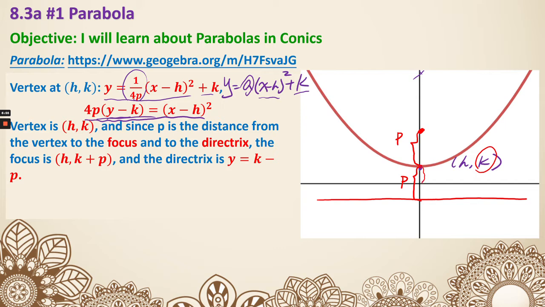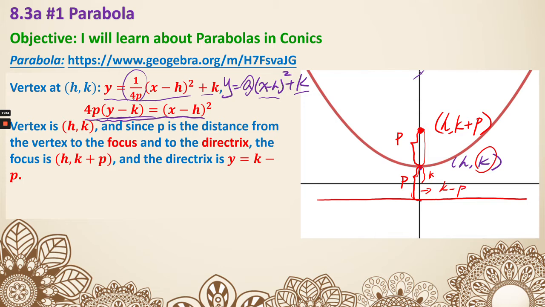If this part of the length is already k, and this part is p, well, that means this point is at k plus p as a y coordinate. The x coordinate is still h because it's on the same vertical line. If that part is k and the vertex is p away from the directrix, that means this little portion would be k minus p.